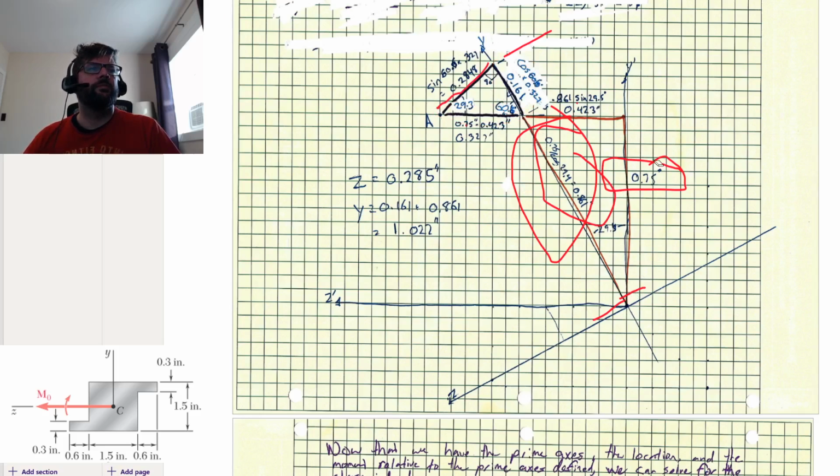So yeah, that's a more graphical approach to calculating the new location based upon the rotated frame of reference.